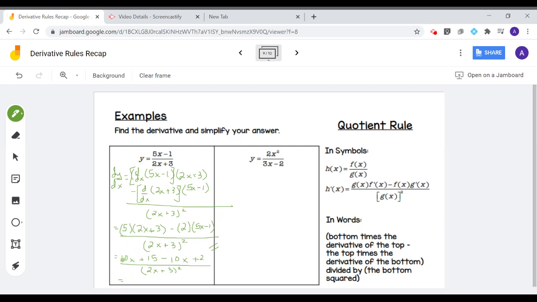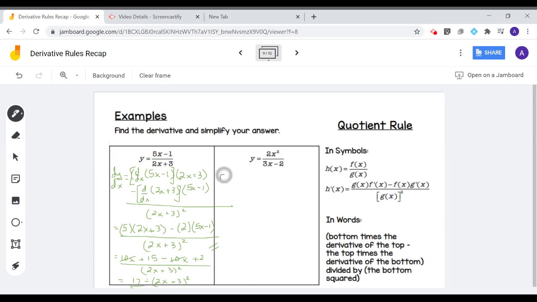And the 10x's here and here are going to cancel. I'm going to get 17 over 2x plus 3 all squared. Okay, so that is our first derivative question.